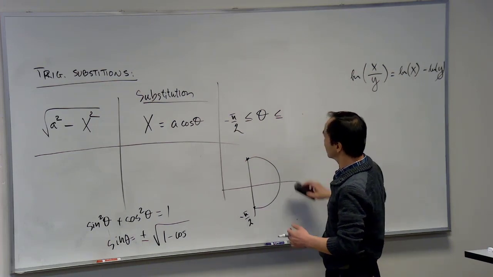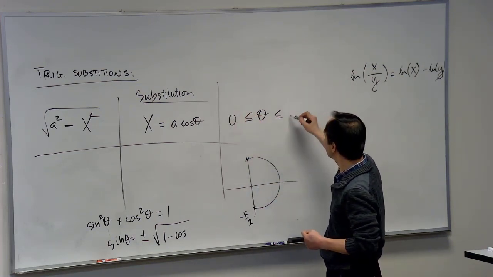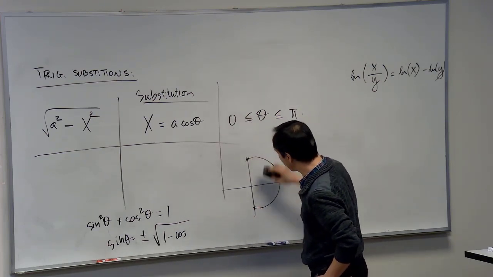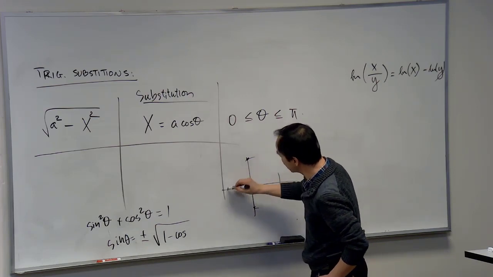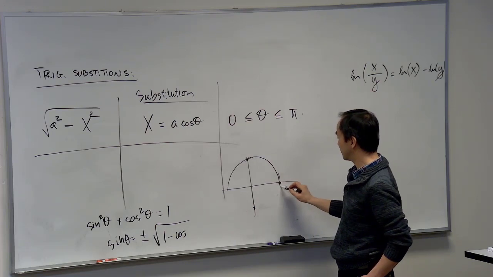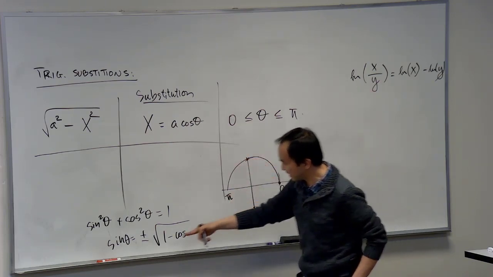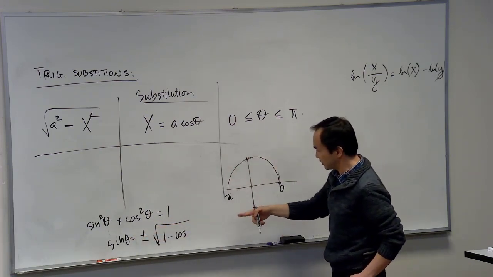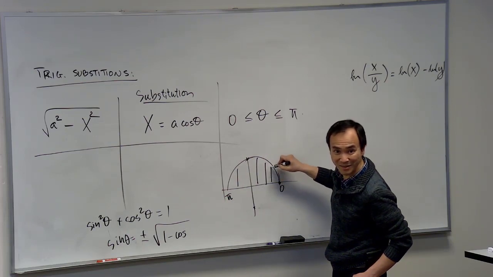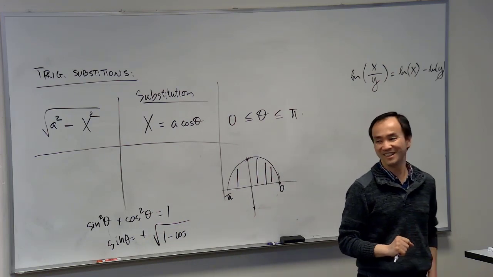This is in between 0 and pi. That's for the cosine. So your semicircle looks like this. It goes from 0 to pi. In that zone, taking the square root to get sine, of course anywhere here your sine is positive. That's why I had to take just the positive square root for that.